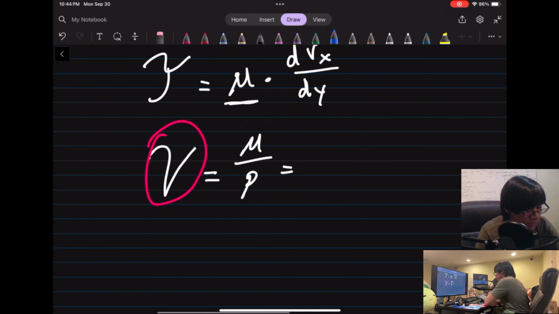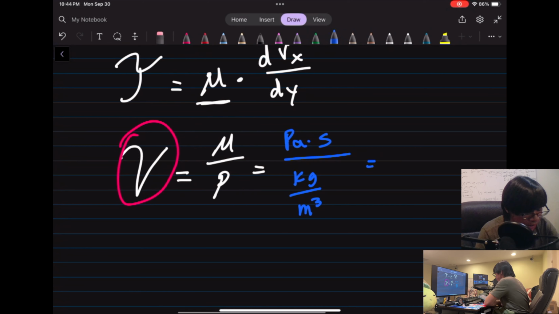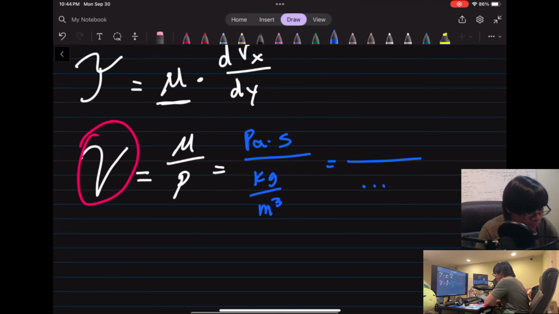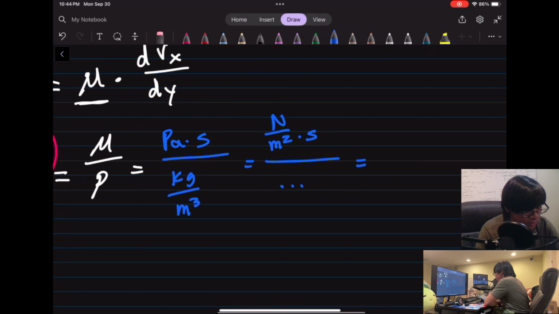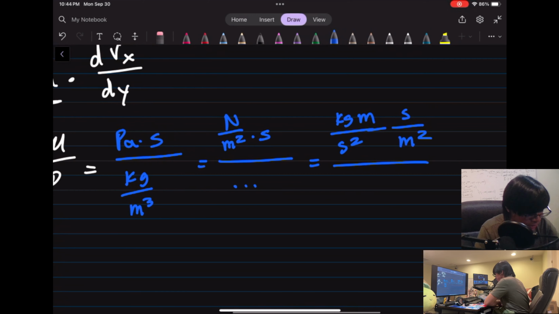So mu, our absolute viscosity, what is that? Pascal seconds. And density, which is kilogram per meter cubed. So pascals is Newton per meter squared times seconds. Breaking down a Newton, that is a kilogram meter per second squared. And remember, we still have seconds over meter squared, and we have kilogram meter cubed on the bottom.